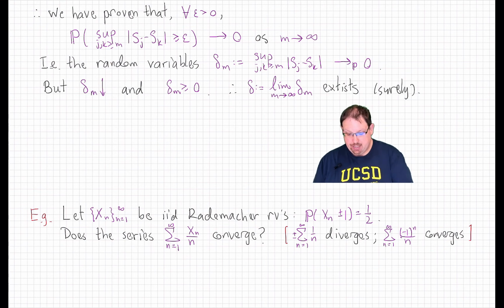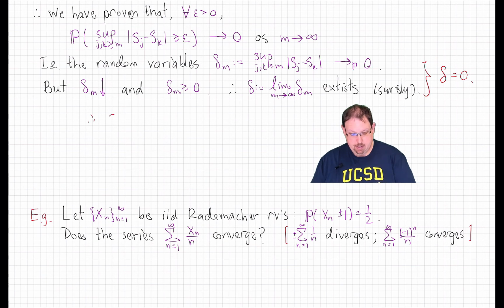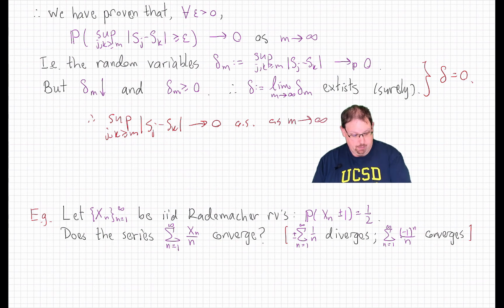So therefore that limit exists in the non-negative reals. But we know that this sequence converges in probability to 0. If it converges in probability to 0 and it converges surely to some delta, it must be that that delta is equal to 0. And so we do get that the supremum over j and k bigger than or equal to m of |Sj minus Sk| converges to 0 almost surely as m goes to infinity.